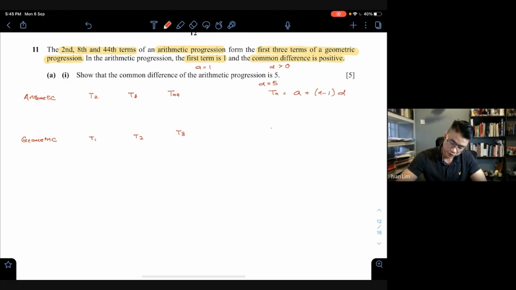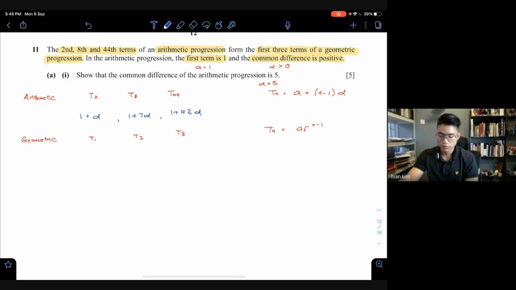For geometric, we just write it out just in case: ar to the power of n minus 1. So understand this part here. The T2 of the arithmetic is equal to T1 of the geometric, T8 is equal to T2, T44 is equal to T3. So using a plus (n minus 1)d, my terms for arithmetic will be 1 plus d, 1 plus 7d, and 1 plus 43d, because we follow this formula here. So here is 1 mark.